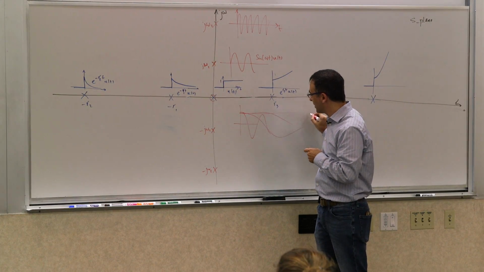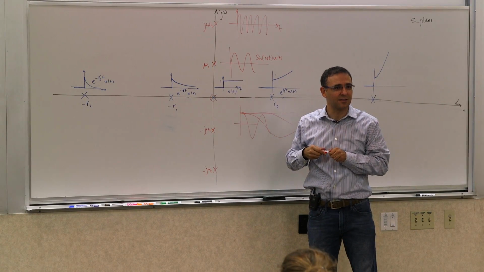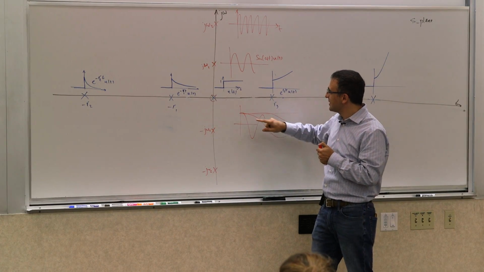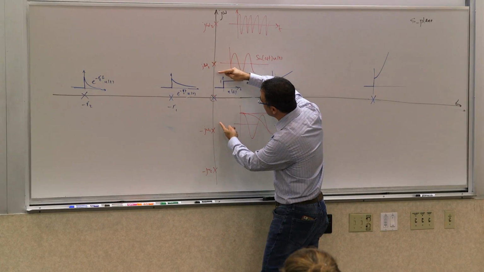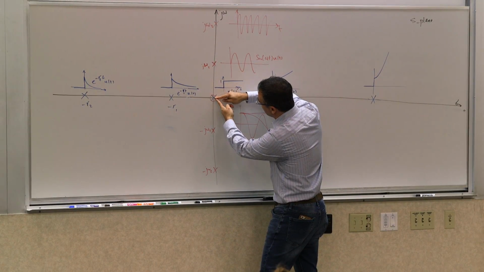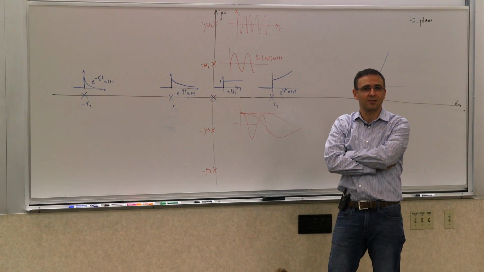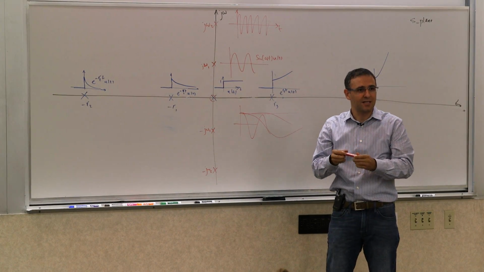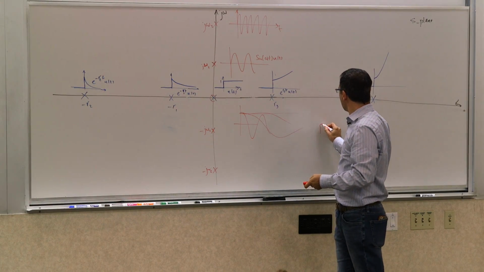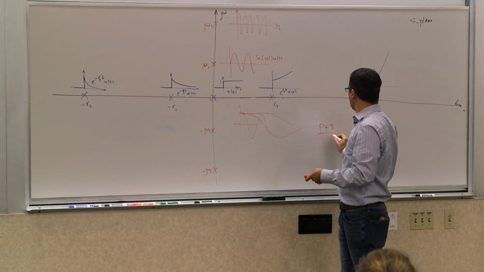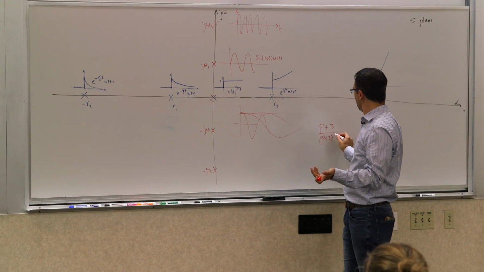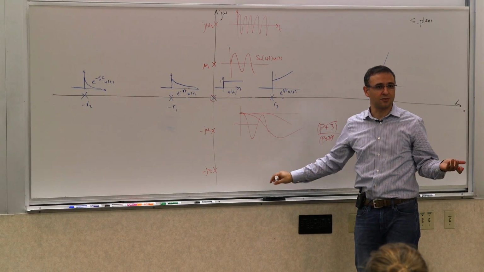And in the limit, it becomes a step, which is what you get if you take these two poles and have a 0 at the origin. By the time you get to the origin, the 0 cancels one of those poles because they're right on top of each other, right? When I say 0 cancels one of your poles, it means that p plus 3 over p plus 3, they're going to cancel each other if they're at the same frequency.